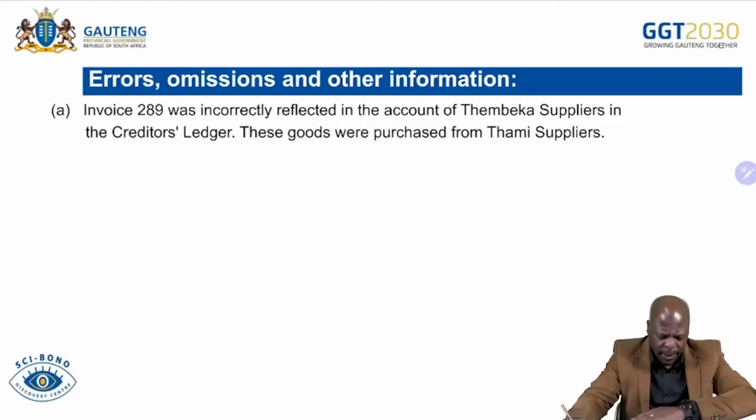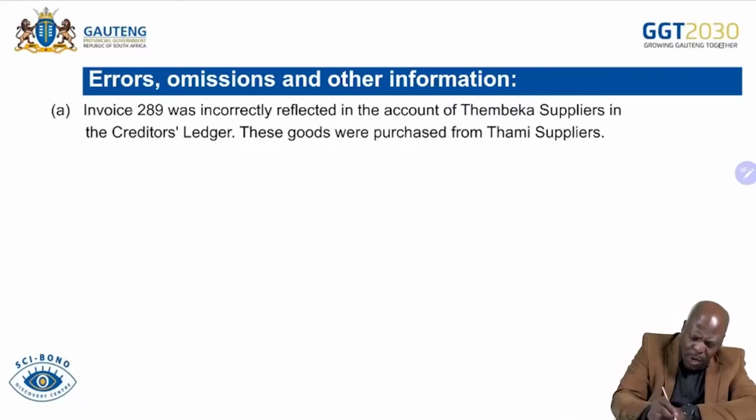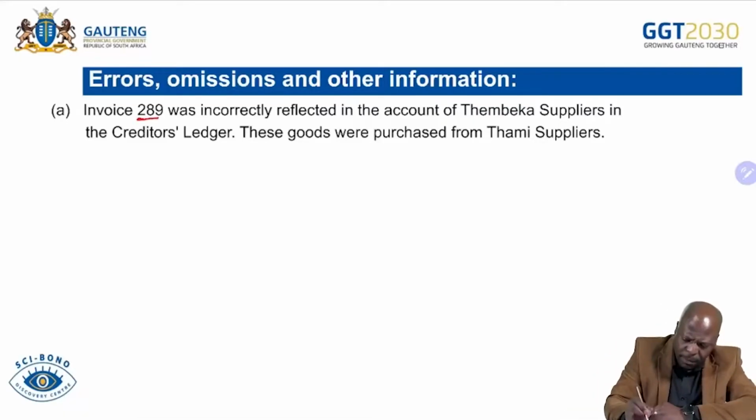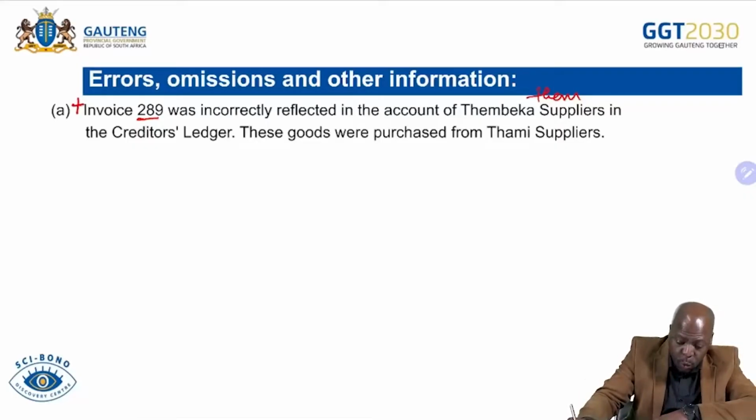Number one, it says, invoice number 289, all right, was incorrectly reflected on the account of Tembeka. Okay, Tembeka is them. So invoice number 289, you just have to know your invoice comes with a plus. It was incorrectly reflected in the account of Tembeka in the creditors ledger.